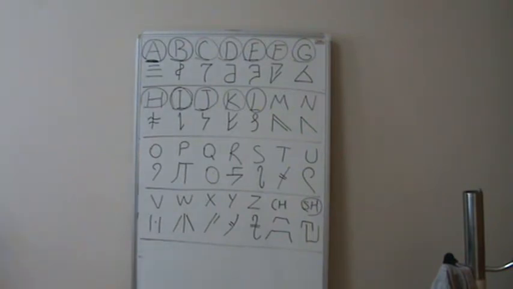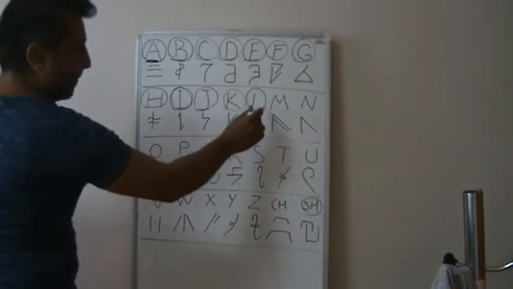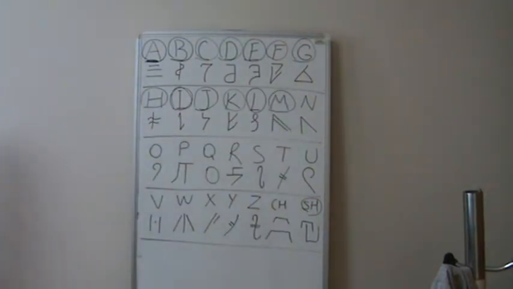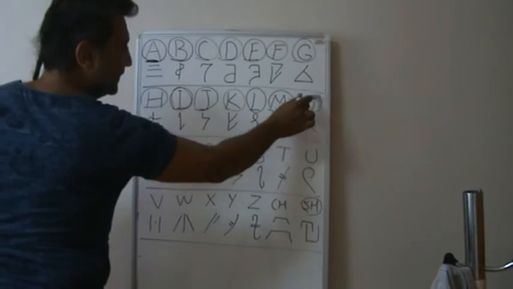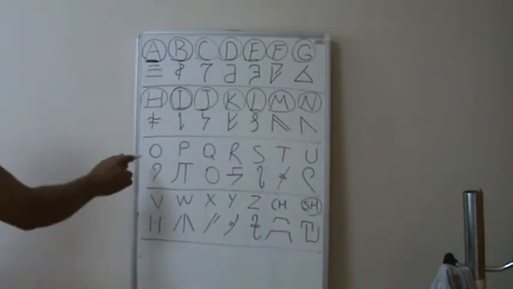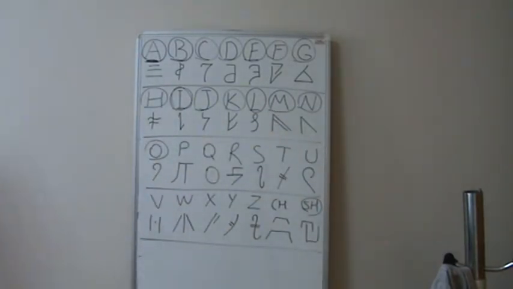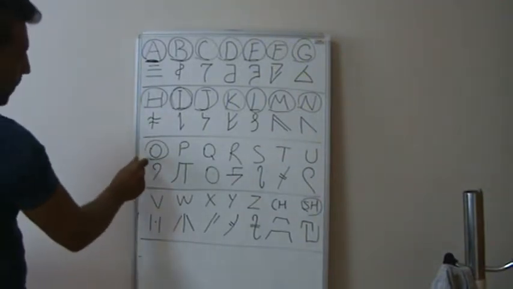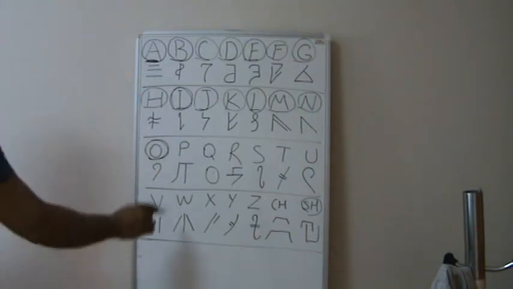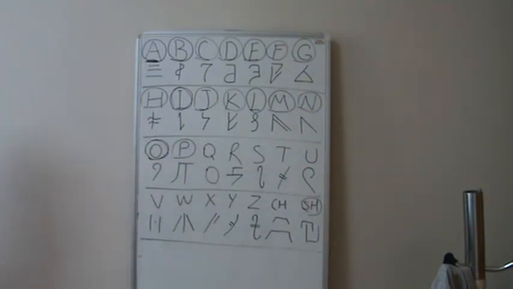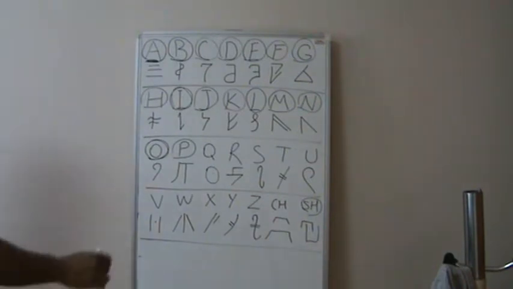M sounds like M as in master. N sounds like N in nice. O sounds like O, as in more. P sounds like P, like in spin.